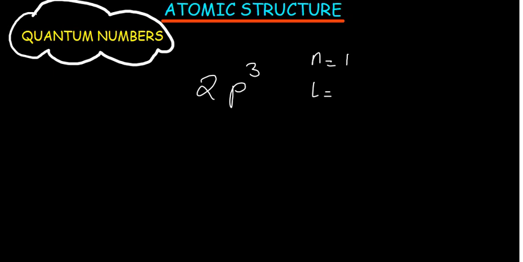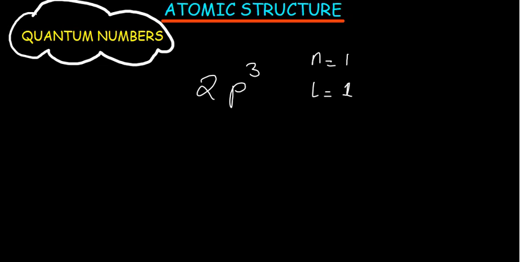When L is equal to 0, this is s. When L is equal to 1, this is p. This means the angular momentum quantum number is 1.